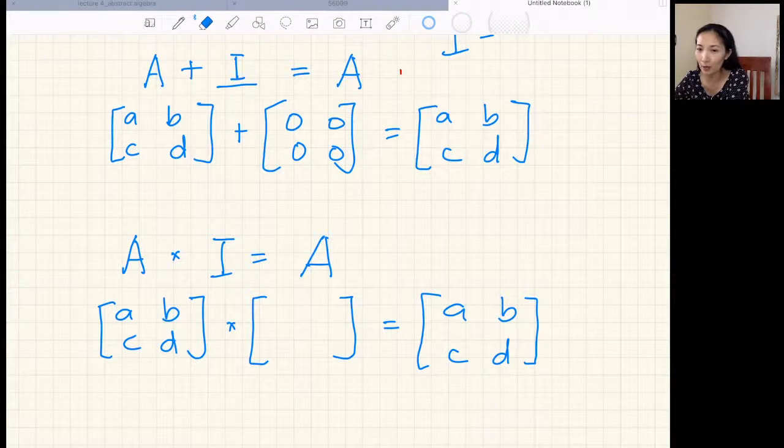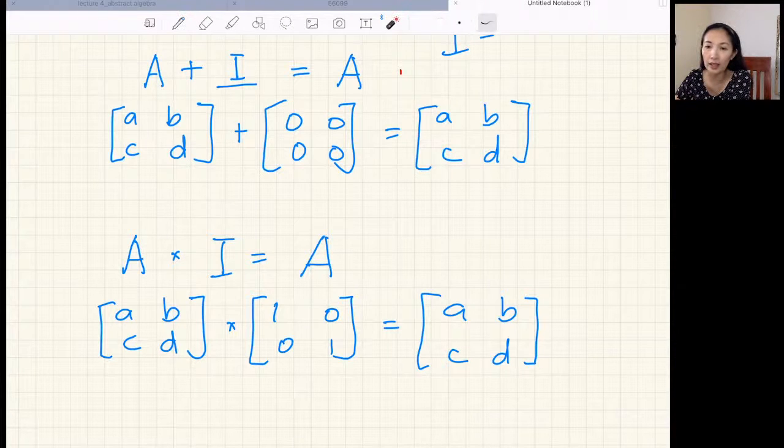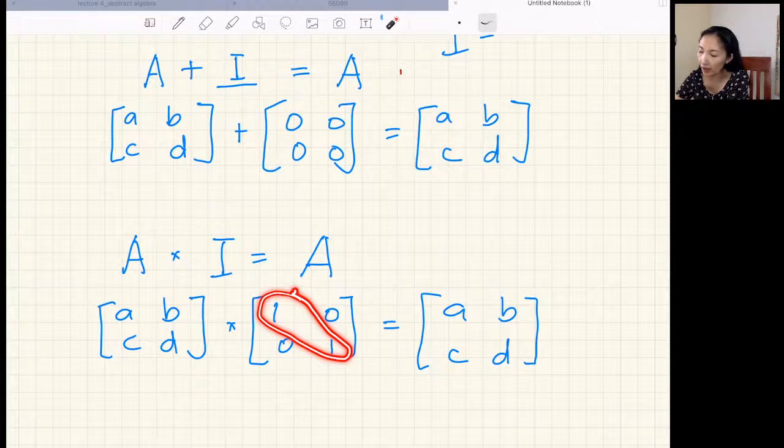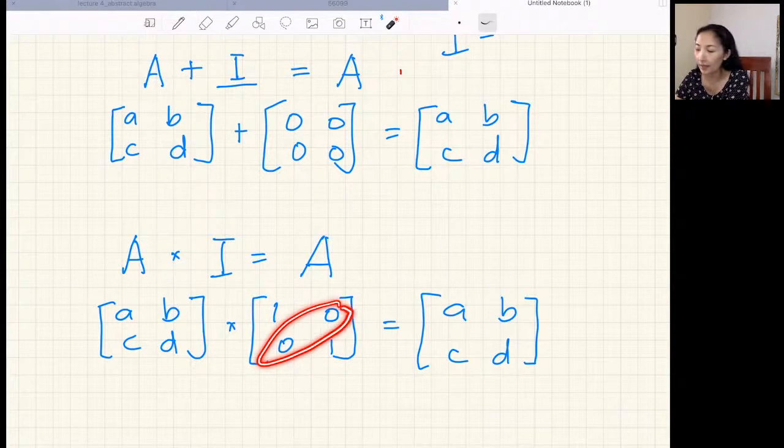It's a square matrix, 1, 0, 0, 1. Take note that the entries along the main diagonal are 1s and the rest are 0.